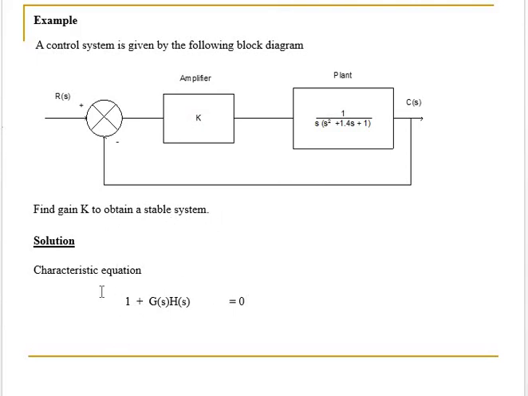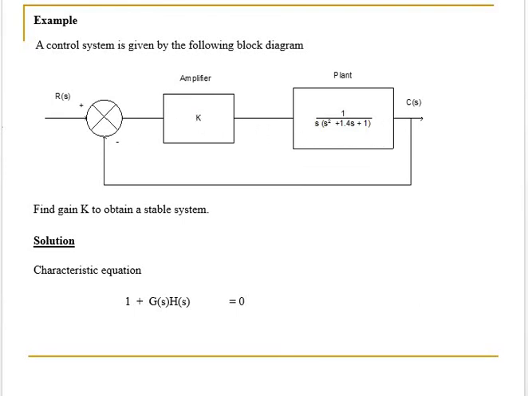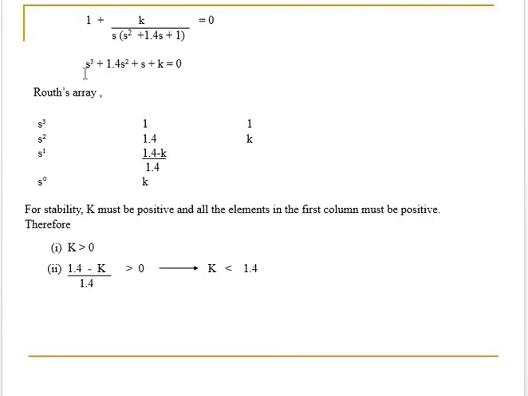Okay, that is the formula for the characteristic equation, and then by substituting the values here, the value of the gain, we can get this characteristic equation. Then we substitute into the Routh array this value, 2 lines first. This we get from this characteristic equation, and then this and this we calculate using the previous method that I have explained to you.